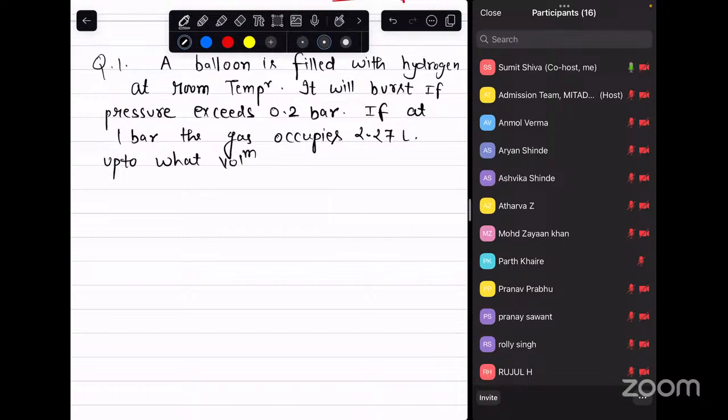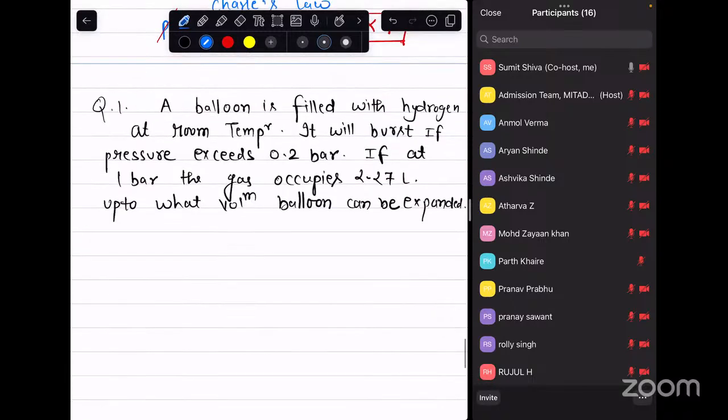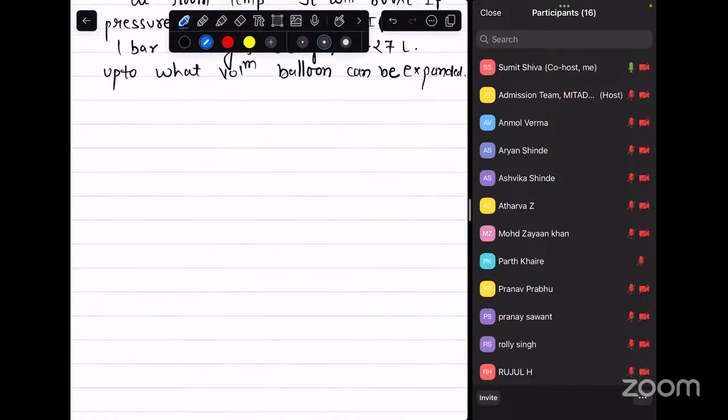Up to what volume can the balloon be expanded? The balloon is filled at room temperature, which means temperature is constant.